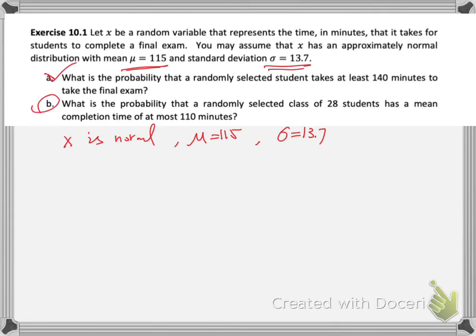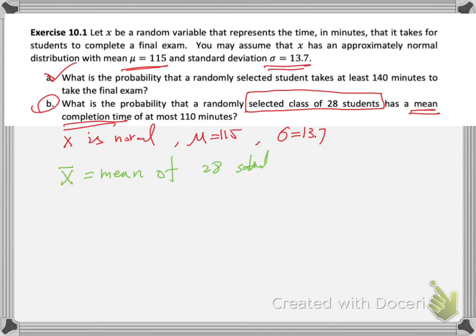Now let's look at B. It says we select a class of 28 students, and they want the mean completion time, so they're taking the average of these 28 students. We get a new variable X bar, the average completion time of 28 students.